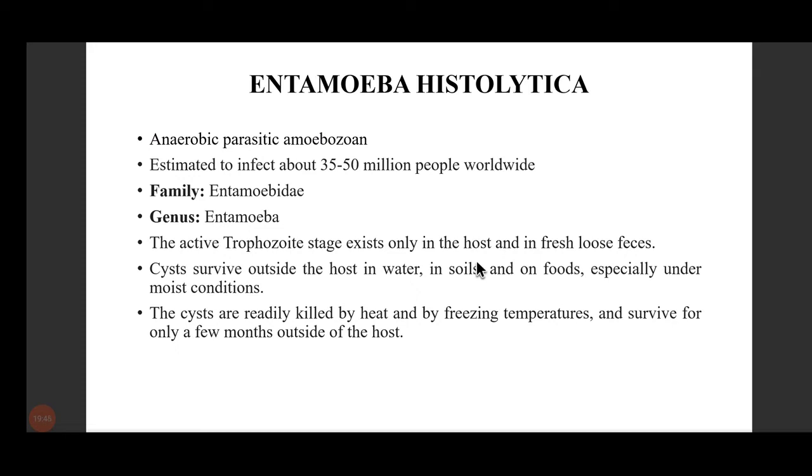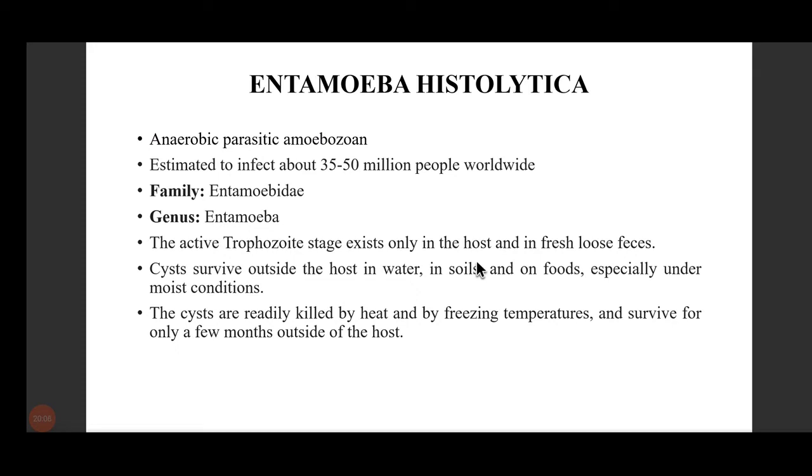Cysts survive outside the host in water, soil, on foods, especially in moist conditions. The cysts are readily killed by heat and by freezing temperatures and survive only a few months outside the host.